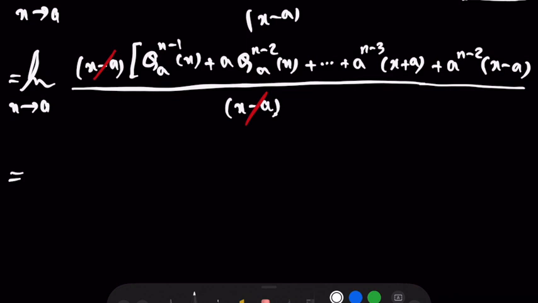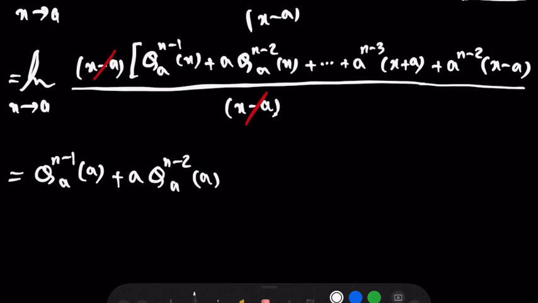So the limit is going to be q n minus 1 a at a, plus a q n minus 2 a at a, plus a to the power of n minus 3 times 2a, plus a to the power of n minus 2.